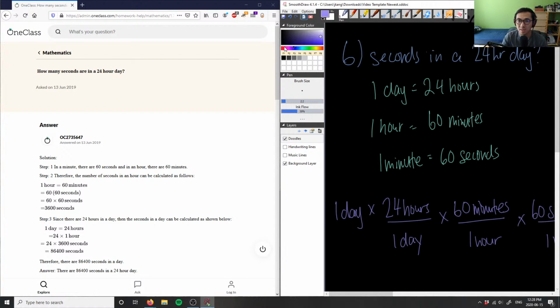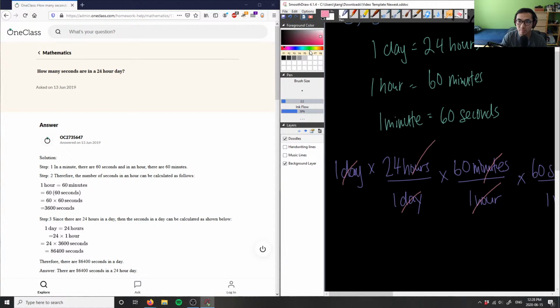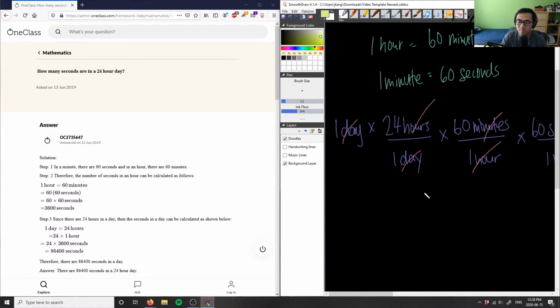As you can see, these units cancel out. The days cancel out, the hours cancel out, the minutes also cancel out, and we're left with seconds. So all we're doing here is multiplying.